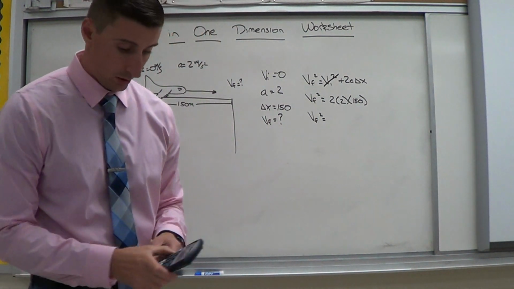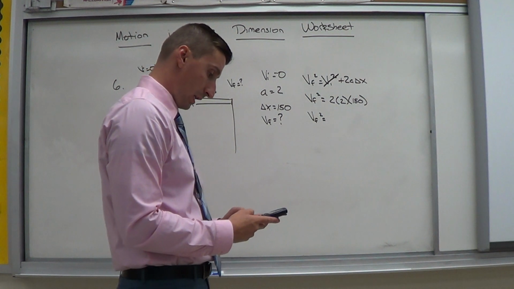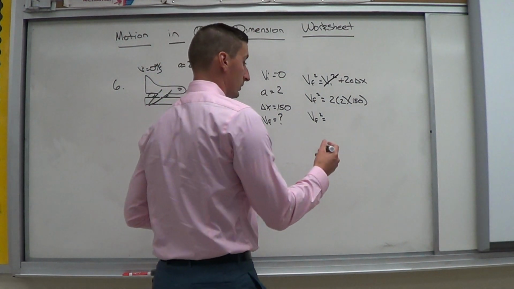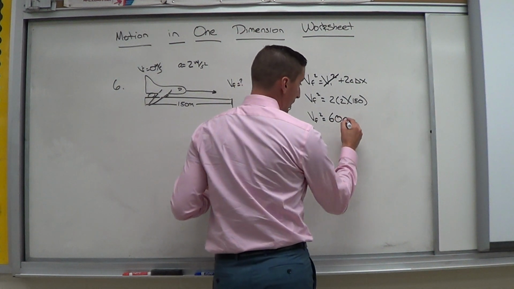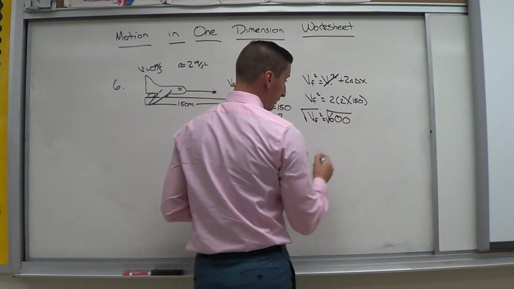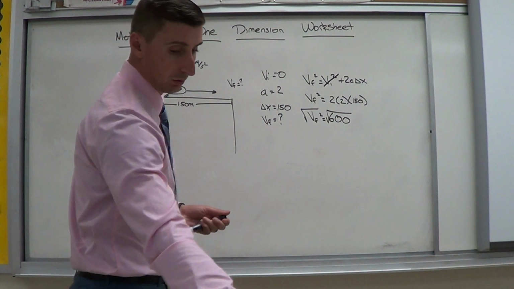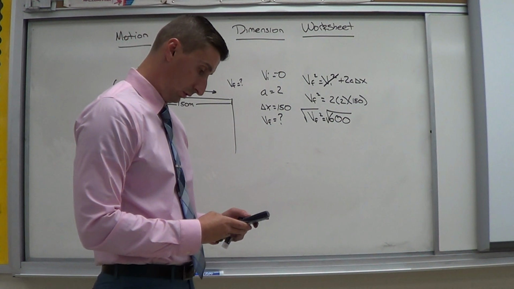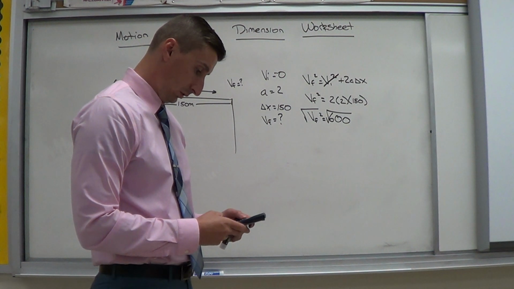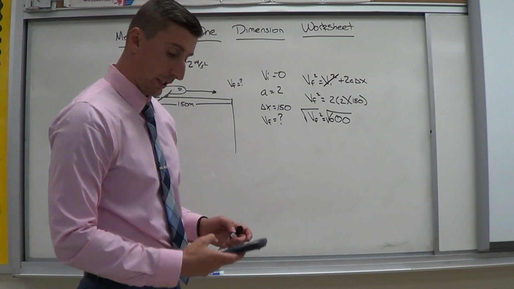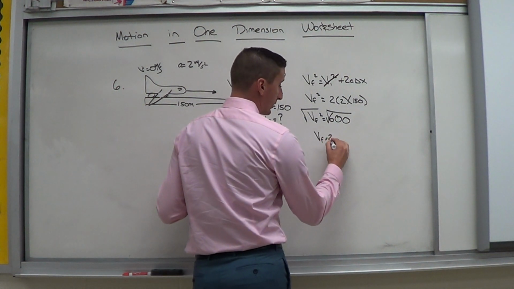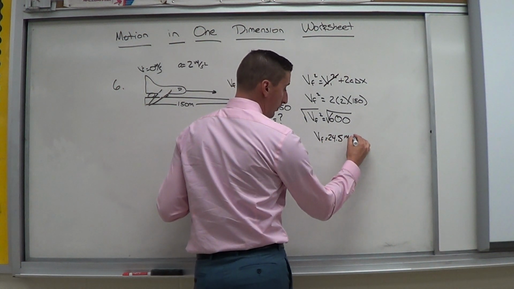Let's see, 4 times 150 equals 600. I square root, and I get 24.5. My velocity final here is 24.5 meters per second.